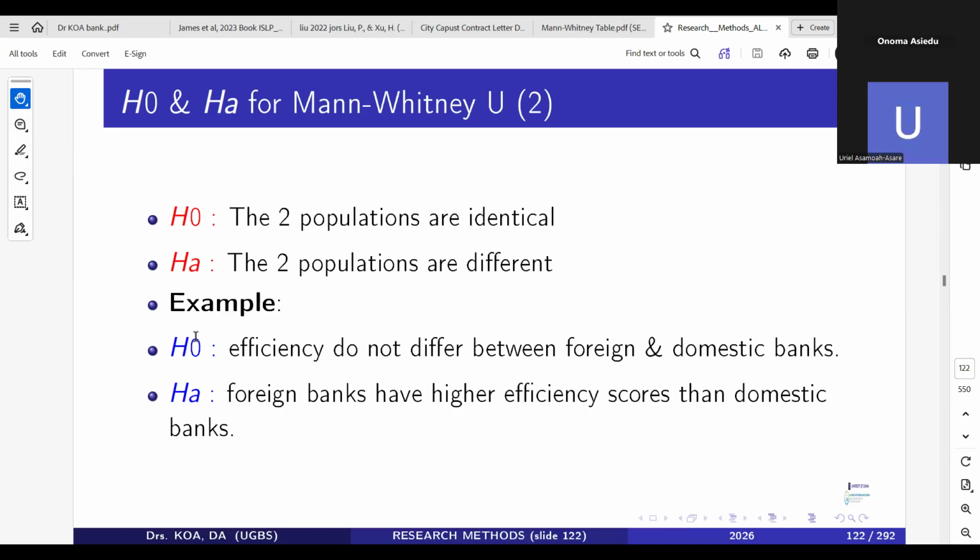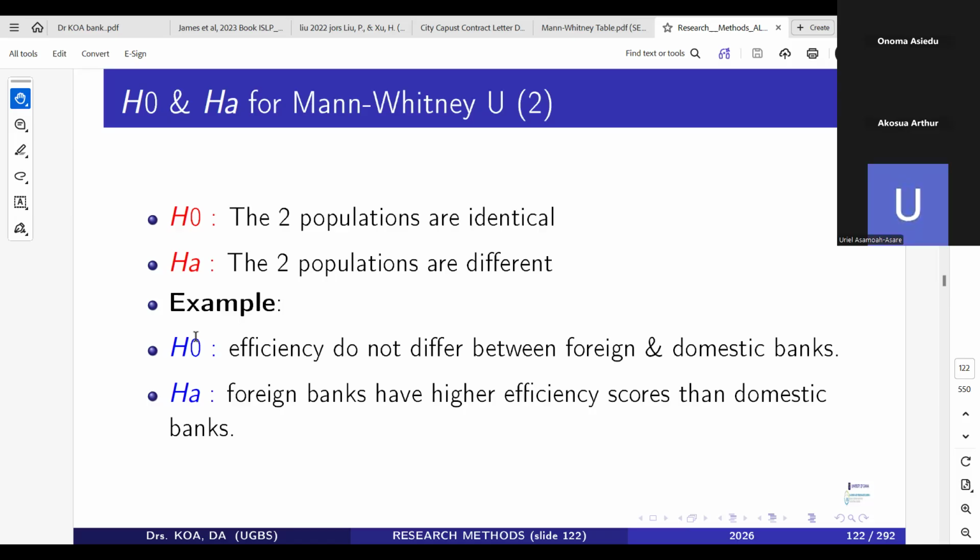That's my question. So I'm now using, okay, I can use is equal to, or I can use do not vary. So efficiency do not vary. Efficiency of foreign banks do not vary from domestic banks.